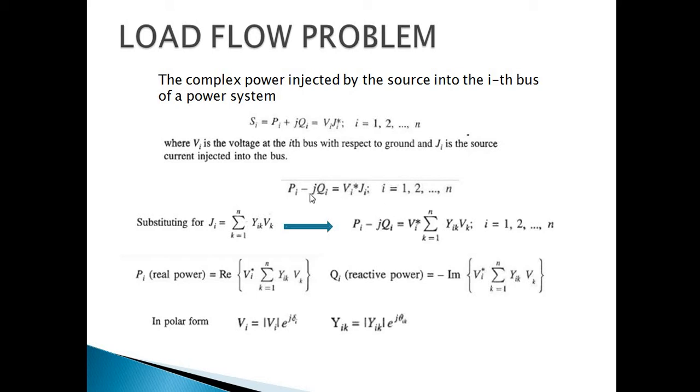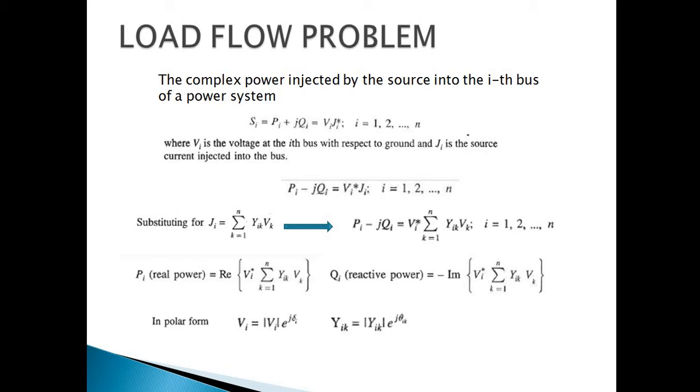Now why do we have this conjugate? If we use V into J conjugate, we will have the equation as Pi plus jQi. But if we have the V conjugate into J, you will have Pi minus jQi.